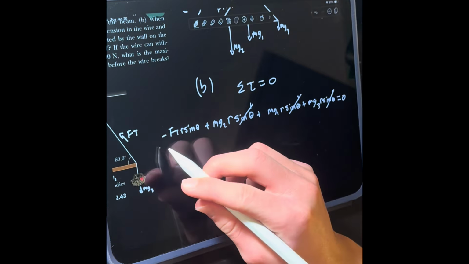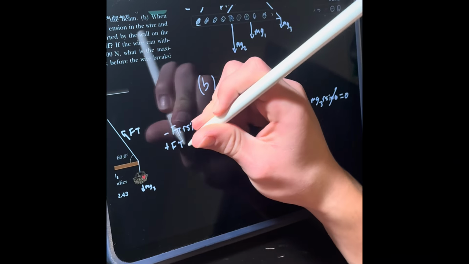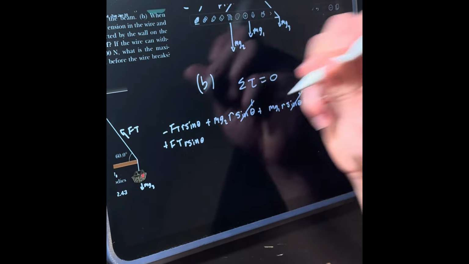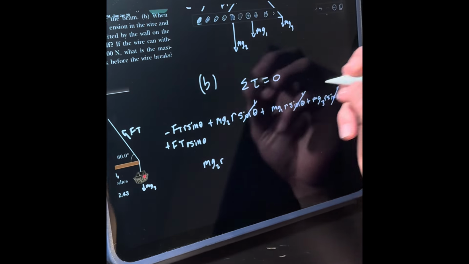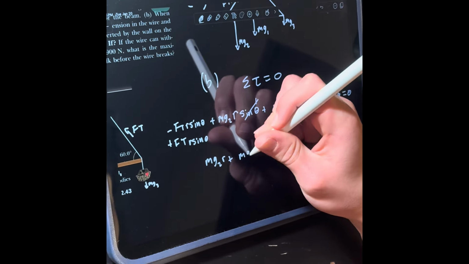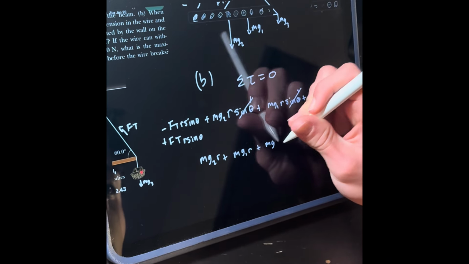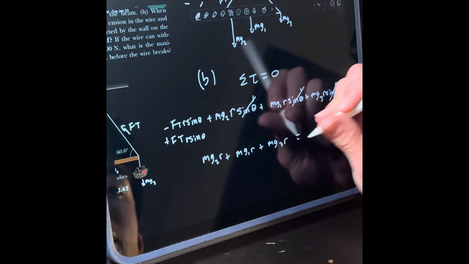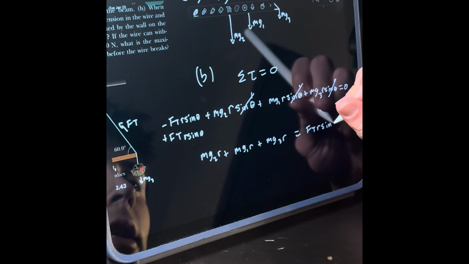So we're going to do that by adding force tension r sine theta to both sides. So we get mg2r plus mg1r plus mg3r equals force tension r sine theta.